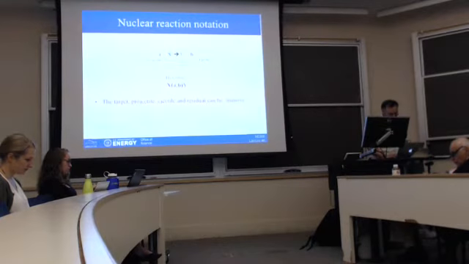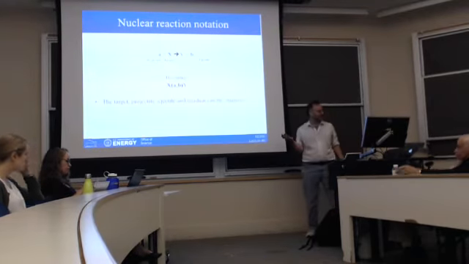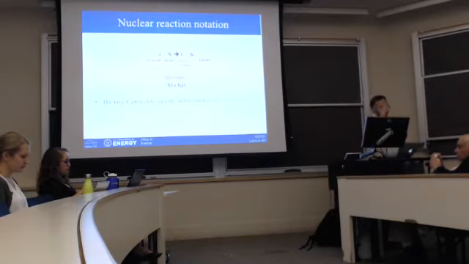So this is how you might think of a nuclear reaction as being written out: projectile plus target goes to something heavy coming out plus ejectiles, the lighter things coming out. This is sort of like what chemistry does, okay? But that's not what we do.